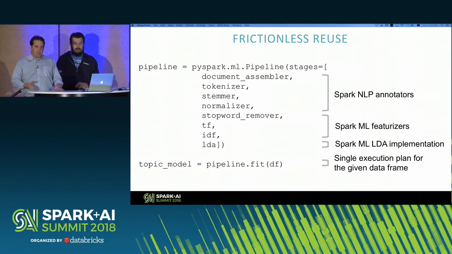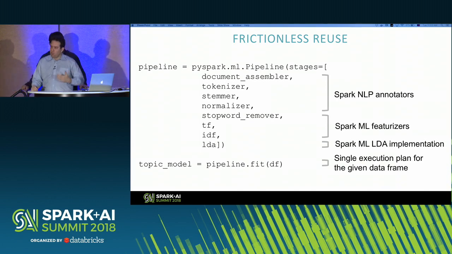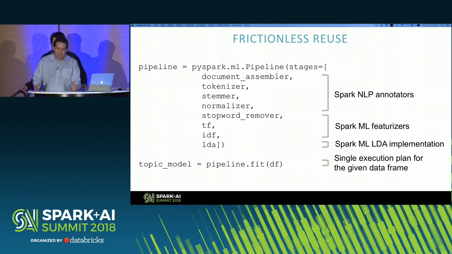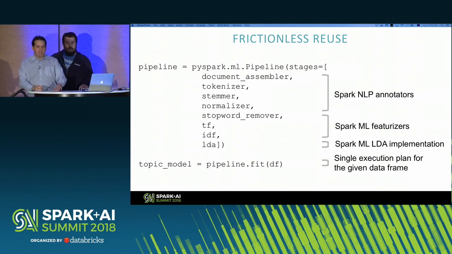At this point, you tell Spark, here's my entire pipeline, I've defined all of it, now go run it. So all of the optimizations that are built in, the query planner, the execution planning, caching, just-in-time compilation, everything that Spark does for us, we can reuse. And we give Spark as the input really everything we actually want to do, starting with basic tokenization, normalization, to the ML parts of our pipeline.